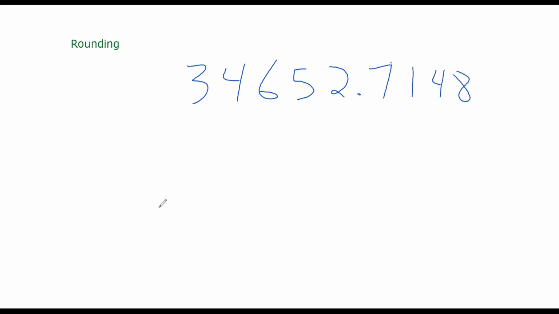Let's say you had the number 34,652.7148. Let's say you had that number. Let's do some social distancing with the numbers. Space them out a little bit.